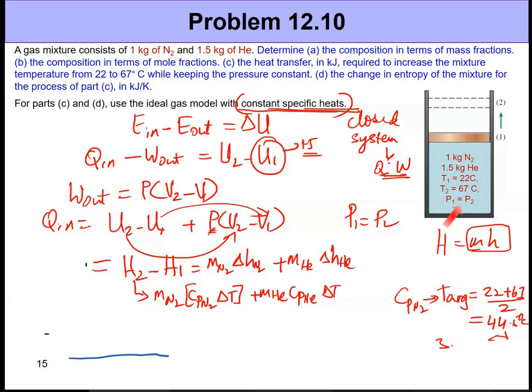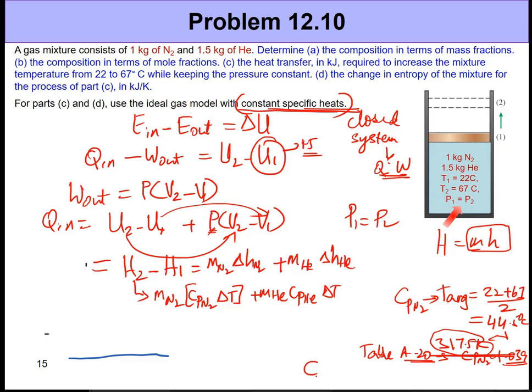So this comes out to be 317.5 Kelvin. From table A-20, the value for Cp of nitrogen can be taken as 1.039. This value is given in the table at this temperature. It's going to be a function of temperature. You change the temperature, things are going to be different.